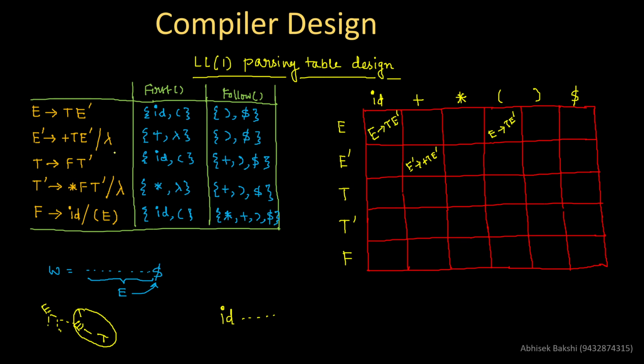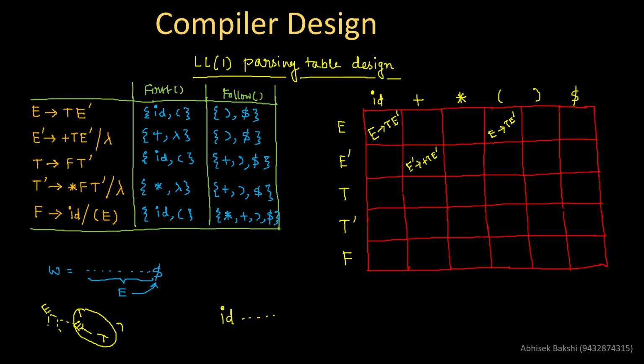epsilon or lambda at the end, in that case we consider what is the follow of E dash. Follow of E dash means closing brace and dollar. That means I can use this particular E dash to lambda only when I will find there is a closing brace at the end.